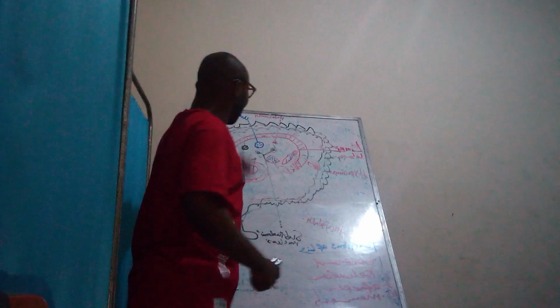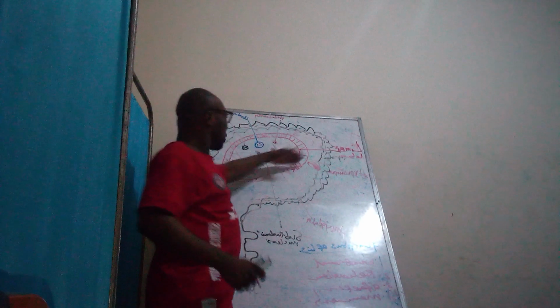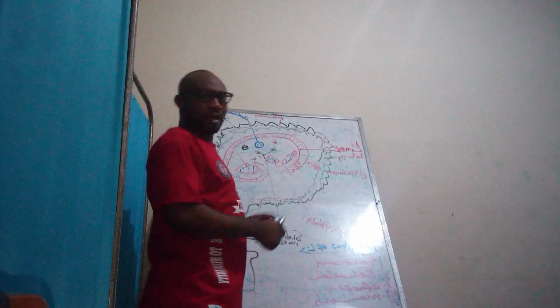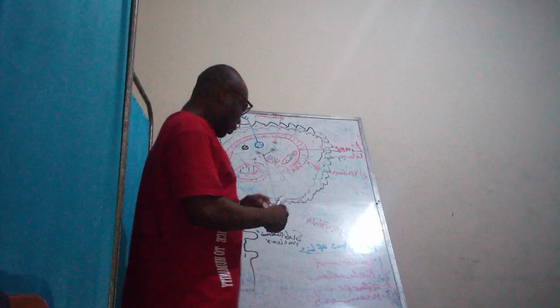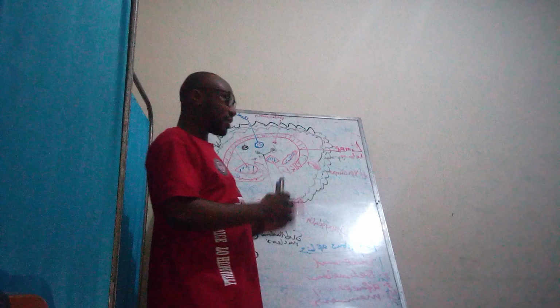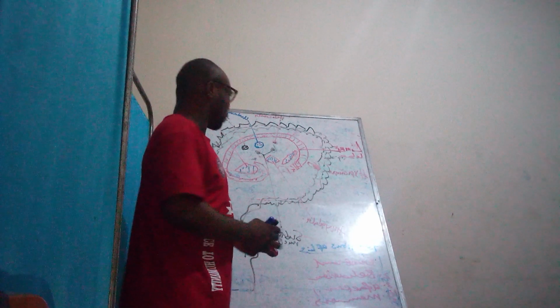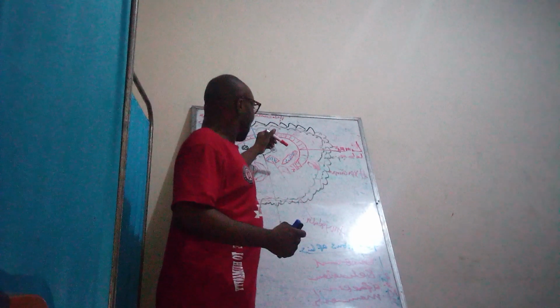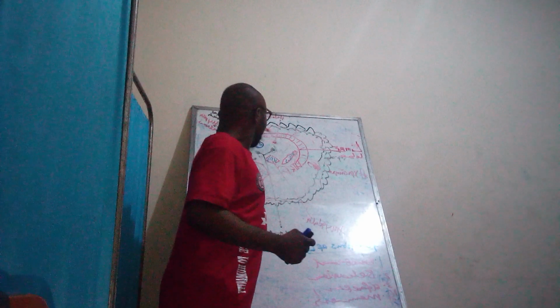First of all, we have what we call the limbic lobe. Limbic lobe houses all the limbic structures, and most of these structures are very significant in their various functions. One, let's talk about the cingulate gyrus.